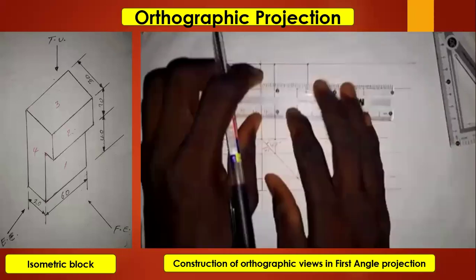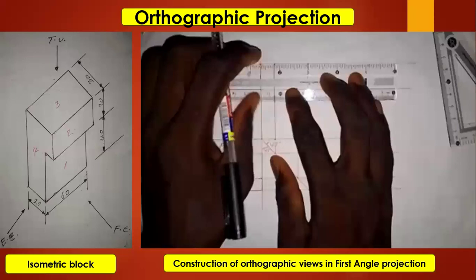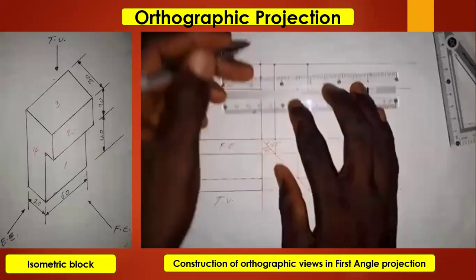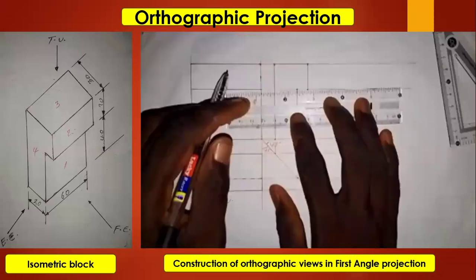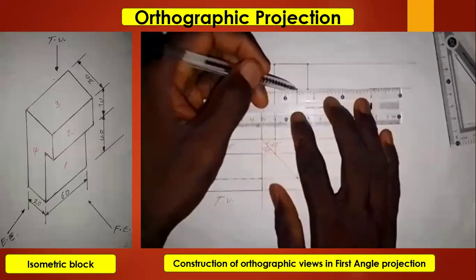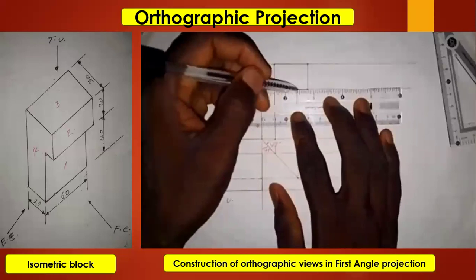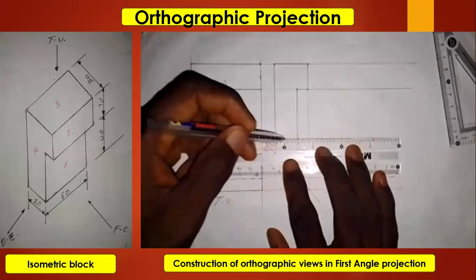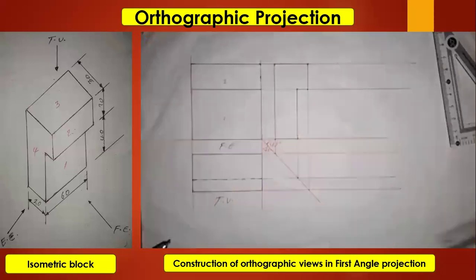This line also, this line here also, this line here also. All right, so the end elevation also has that.